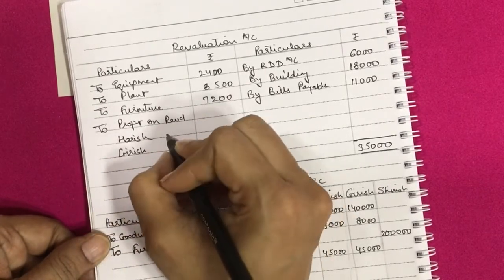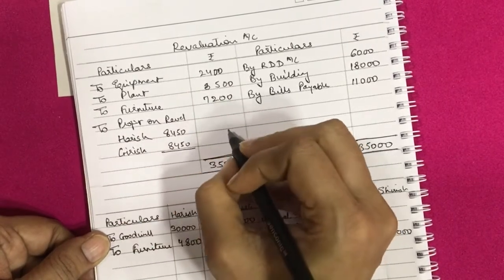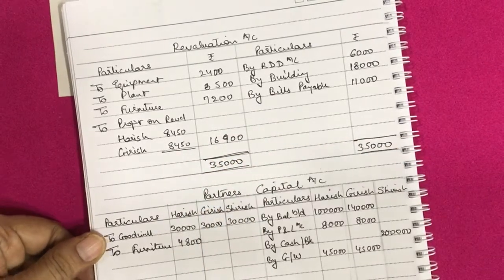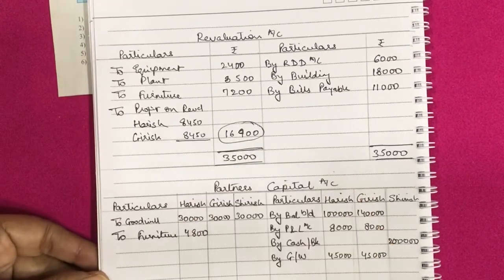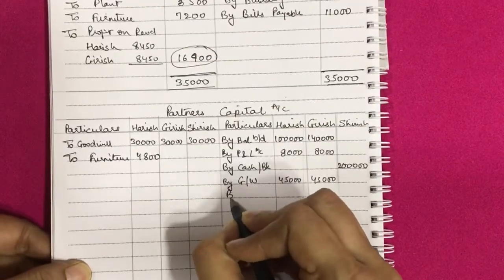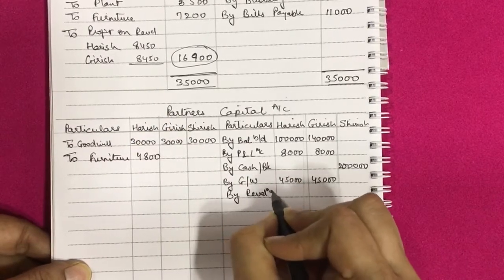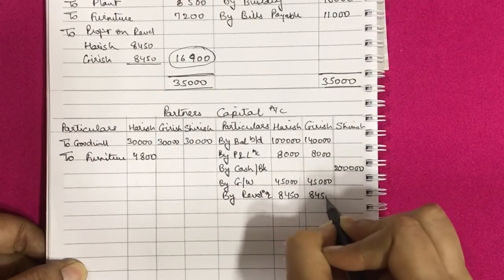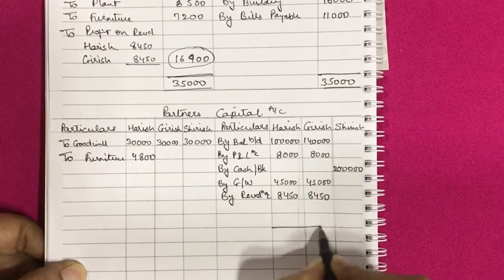Equally we are going to give them, so 8450 and 8450, so total is 16,900. Okay, that is my revaluation profit, 16,900. Now second effect of this, it has to be transferred to partners capital account. Debit side here and credit side here. By revaluation account 8450 and 8450.